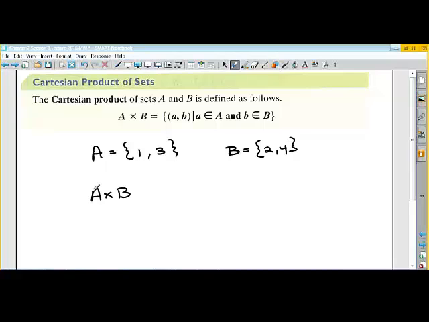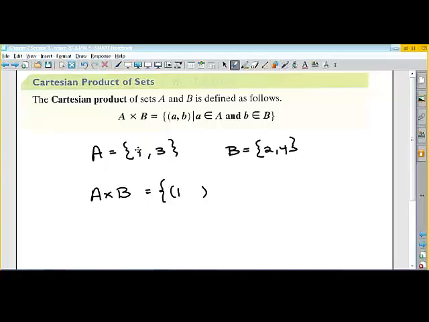So the set operation A cross B is a set, so we put a curly bracket. It consists of ordered pairs, so we're going to have an ordered pair. The first term in the ordered pair is either going to be 1 or 3, and the second number in the pair is going to be either 2 or 4.